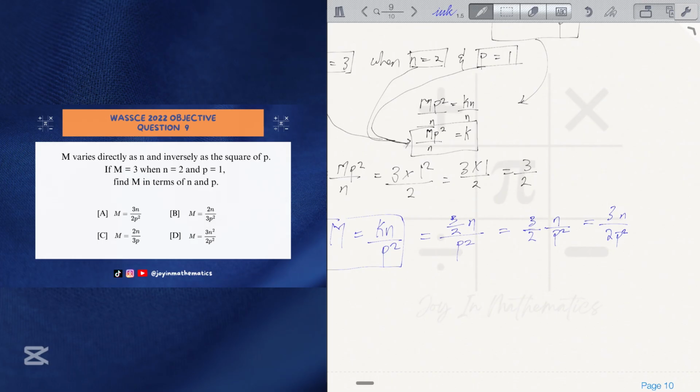Remember, all this is equals to m, so the final answer will be m is equals to 3n divided by 2p squared, and this is equivalent to option A.